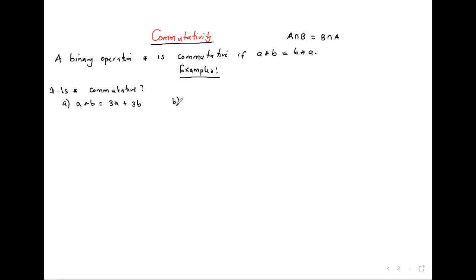B: a star b is equal to 3ab minus a squared plus b squared. And then C: a star b is equal to (a minus b) squared plus 2ab.